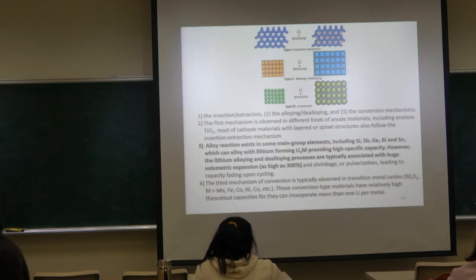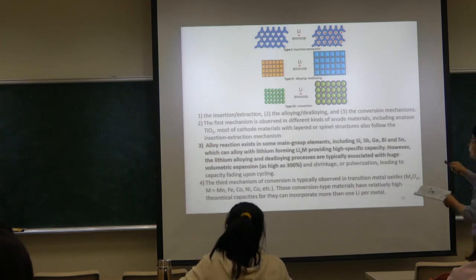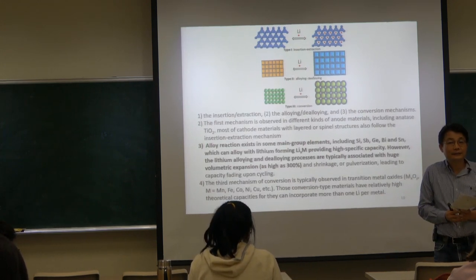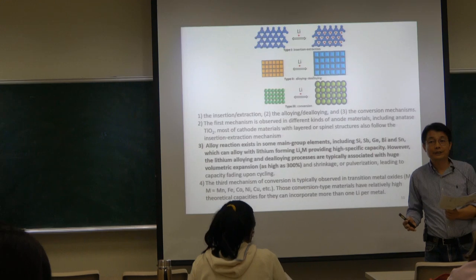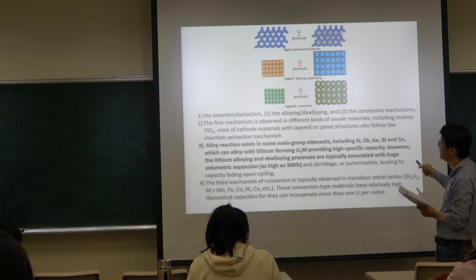For insertion and extraction, for example, the lithium intercalation is an insertion, and then it diffuses out, which is extraction. And then what is the alloy? Alloy looks like a phase change, because you can see one size become this size, then this size.